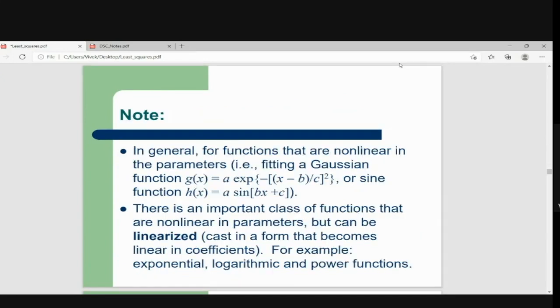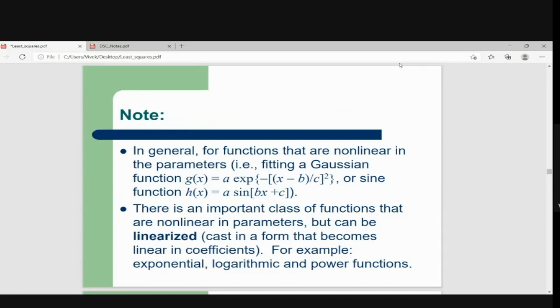Not in general for functions that are nonlinear in parameters, like fitting a Gaussian function or a sine function. There is an important class of functions that are nonlinear in parameters but can be linearized, cast in a form that becomes linear. For example, the exponential function, logarithmic function, and power function, because we can take their power series.